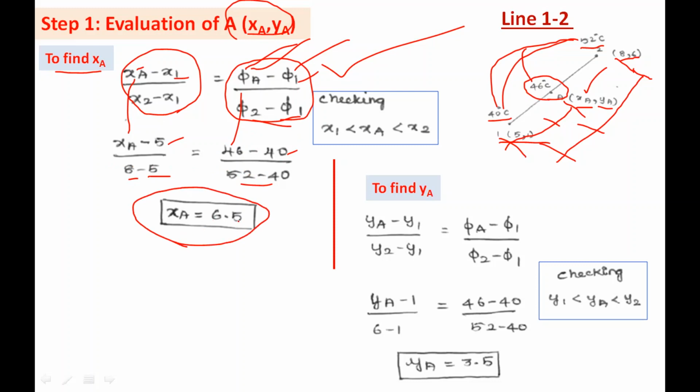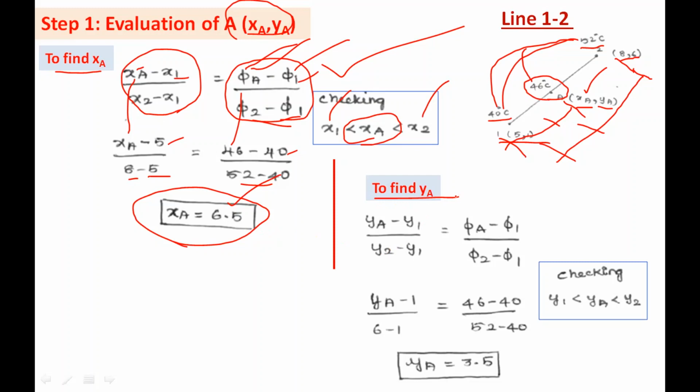The x coordinate of point A is 6.5. We can verify our answer also, because point A lies in between 1 and 2, so its coordinate will be in between x1 and x2. x1 is 5, x2 is 8, so we get 6.5 in between. Like that we can check our answer.